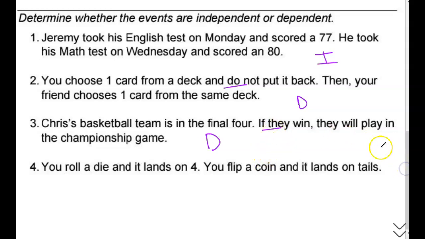Yeah, but it's just determining if they're independent or dependent. So they do depend. Like, if they're not good, then they're not going to go to the championship. So it's dependent on their skill and if they win. Number 4, you roll a die and it lands on 4. You flip a coin and it lands on tails. Independent, separate. Okay? Alright, turn the page.